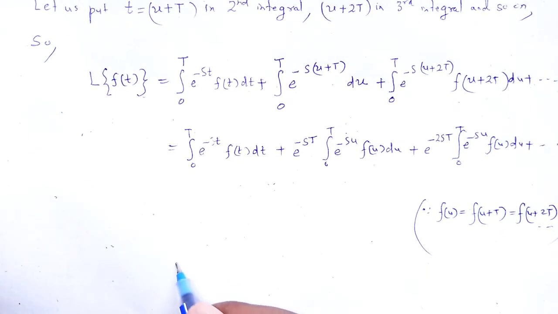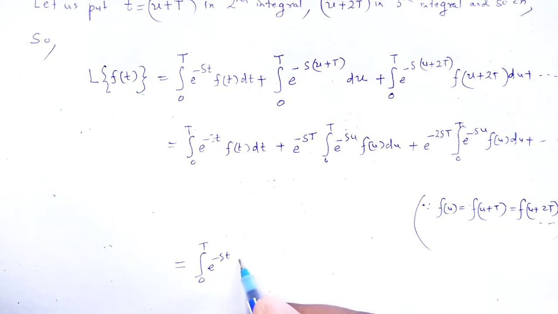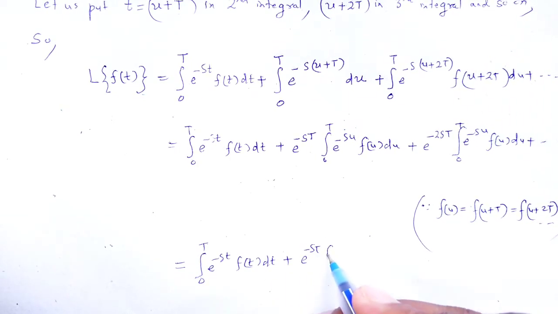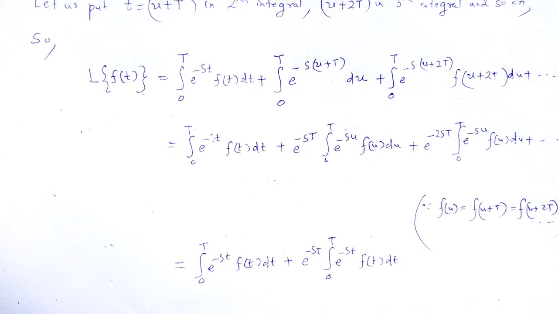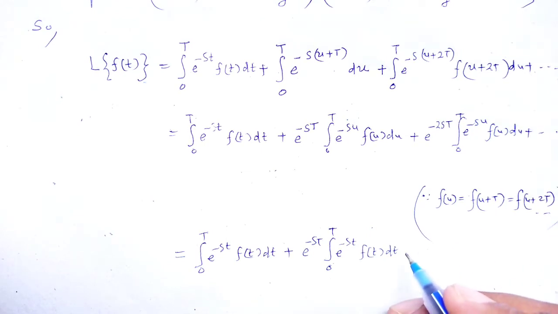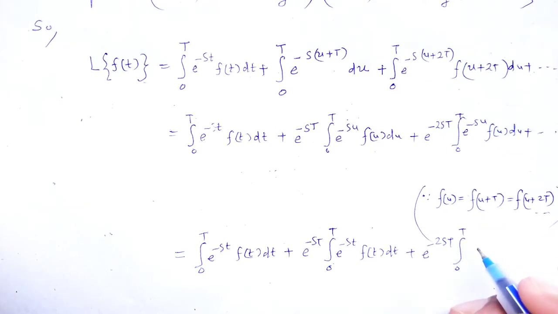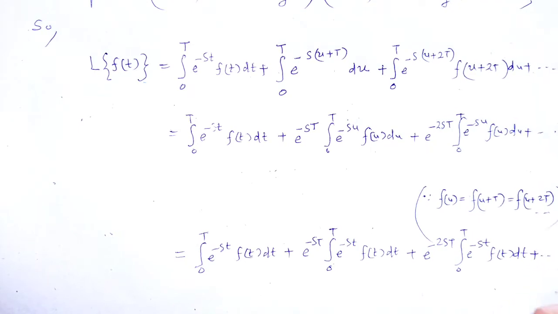That is why 0 to T e to the power minus st f of t dt plus e to the power minus sT integration from 0 to T e to the power minus st f of t dt, as we substitute, u is a periodic function having the period T, plus e to the power minus 2sT integration from 0 to T e to the power minus st f of t dt plus dot dot dot.